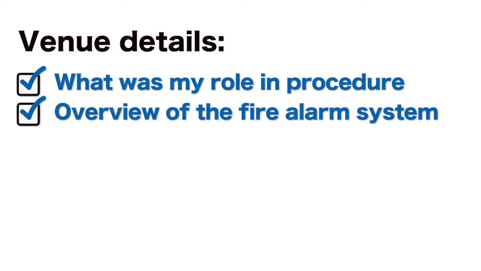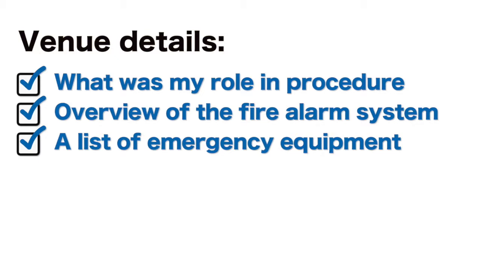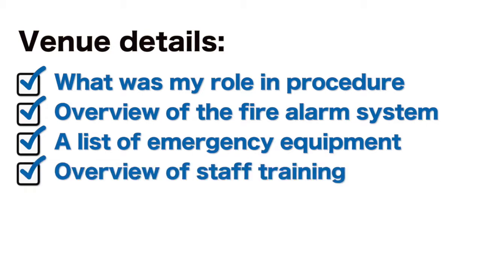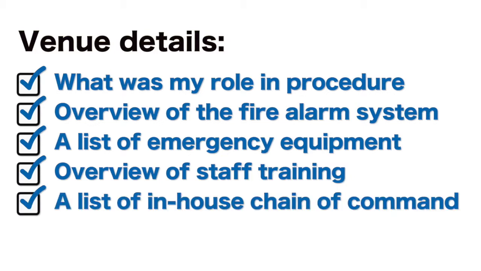An overview of the fire alarm system, a list of the emergency equipment on site and where it was located, particularly in proximity to my event, and an overview of the relevant staff training. So was there a staff person on site with AED competency, with first aid training, etc. A list of the in-house chain of command.